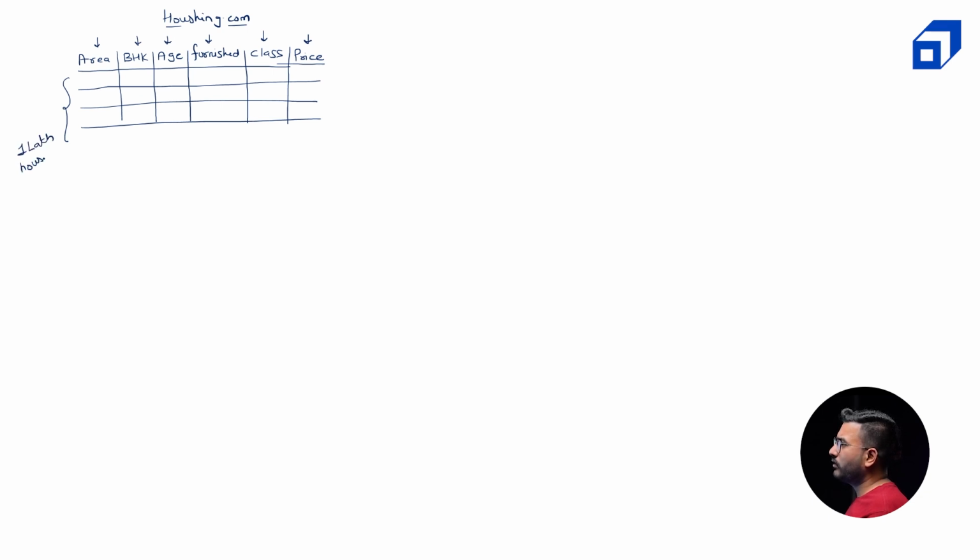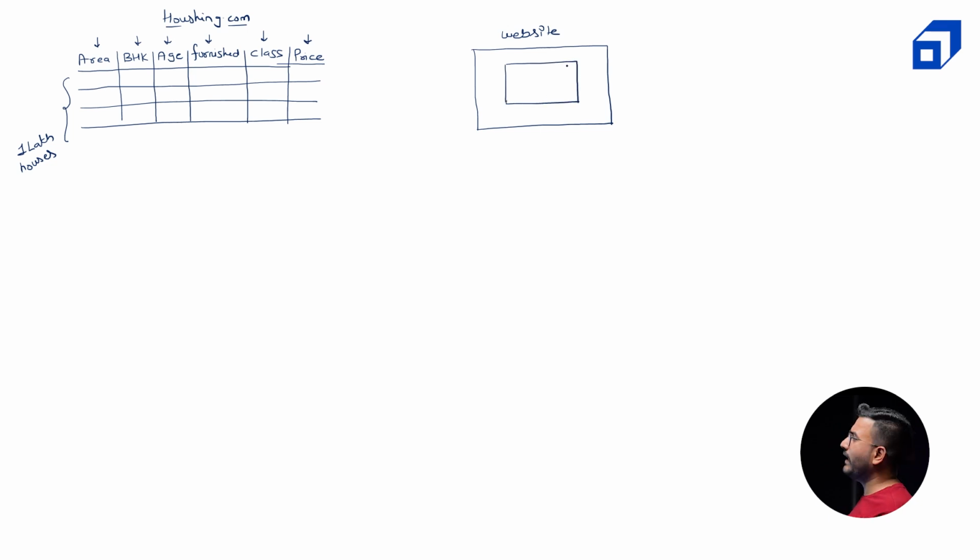Now, let's say housing.com wants to come up with a particular web application on their website where you can estimate the price of your house. Let's say I want to sell my house and I want to estimate how much price I can get if I put my house on rent or maybe on sale.